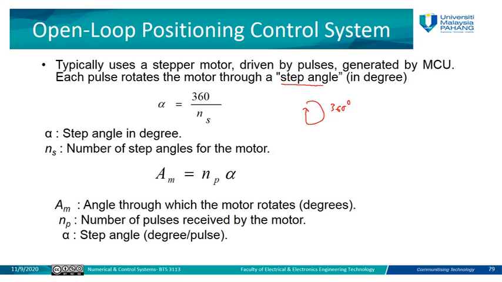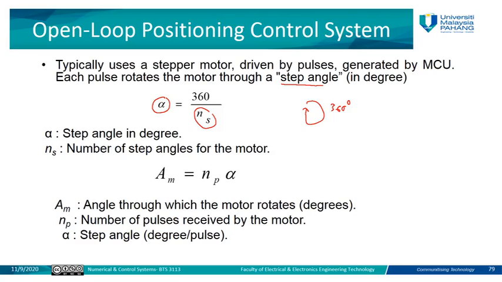So the step angle alpha is equal to 360 over ns. Alpha is the step angle in degrees, and ns is the number of step angles for the motor. So each motor has a number of step angles. If you have 10, for example, each angle will equal 36 degrees. If we have 100, each angle will be 3.6 degrees, and so on.